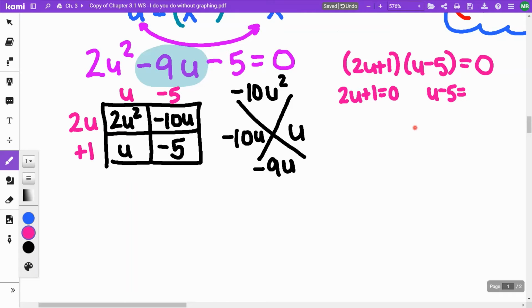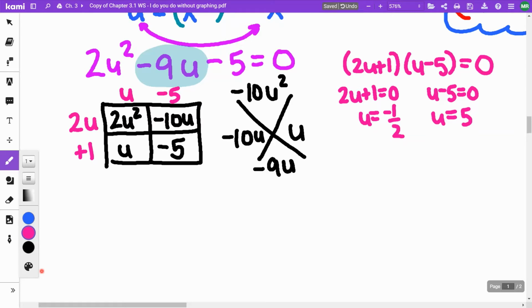What makes that parenthesis 0? So for the first one, I'm going to subtract 1 and then divide by 2. So my u would be a negative 1/2. For the second one, I am going to add 5 to both sides, and I'm going to get u is equal to 5.